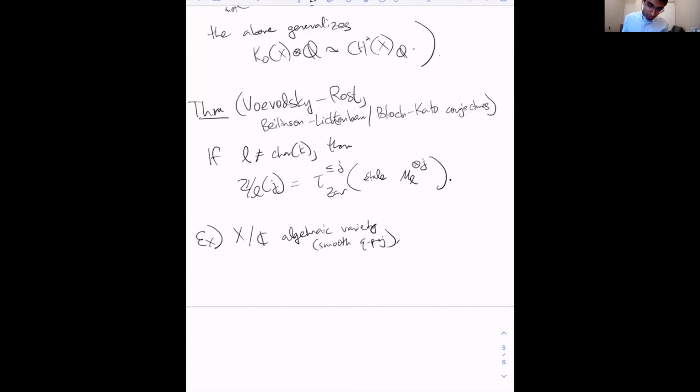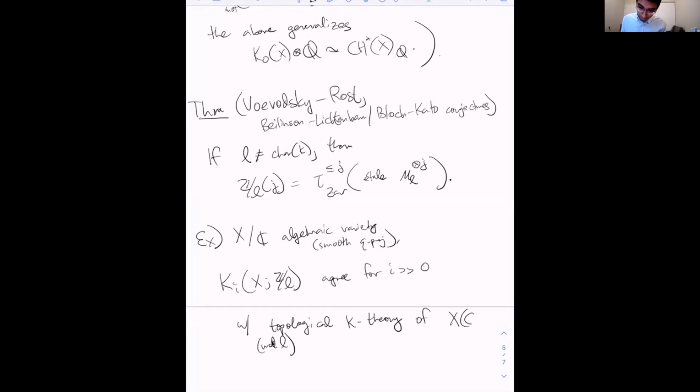But if you take the higher K groups, K_i of X with mod L coefficients, these will agree for i sufficiently large with the mod L topological K-theory of the complex points.